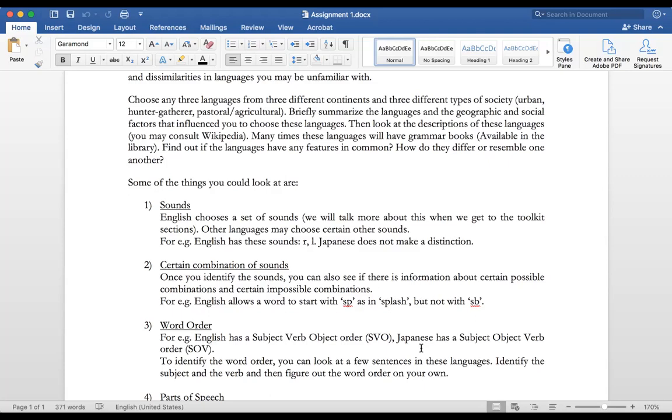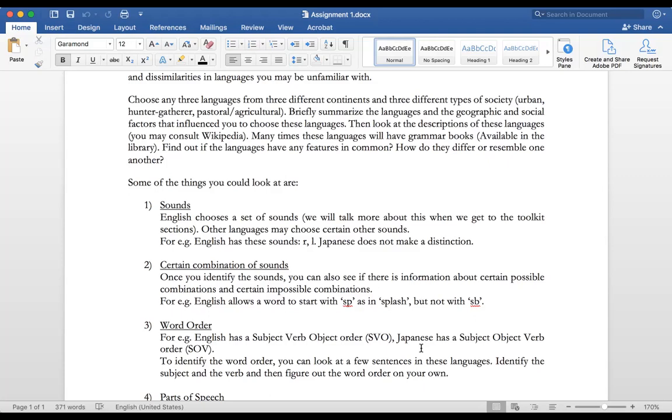Again, a lot of these indigenous tribal languages found on isolated islands were hunter-gatherer languages. For pastoral agricultural languages, the Sami tribe is an example of a pastoral agricultural tribe and language. The Bedouin tribe, again, is very nomadic. They move from one place to the other.